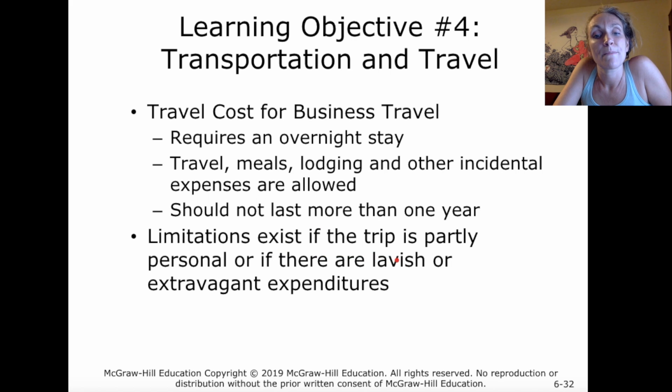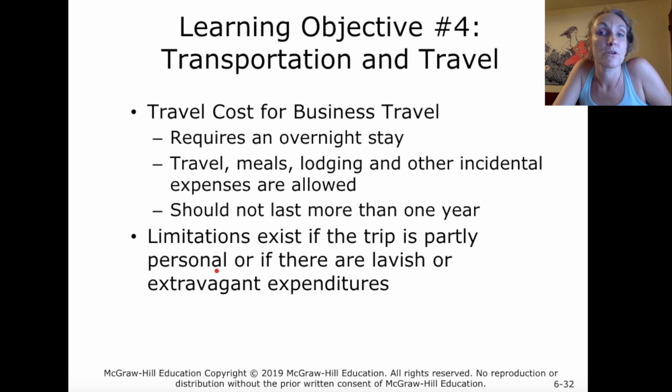Limitations exist if the trip is partially personal, or if there are lavish or extravagant expenditures. And there are tables, just like for the automobiles, for cruise ship limitations for business-related travel, and for, I think, a golf trip, resort, lavish costs.